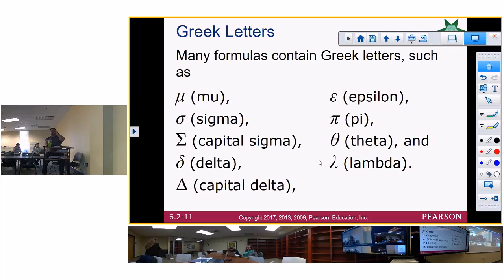So everybody got those? Now the reason you need to write those down, you might see them on a standardized test. I don't know what they would ask you. I guess they would ask you to match up mu with the word mu and capital delta with the symbol.